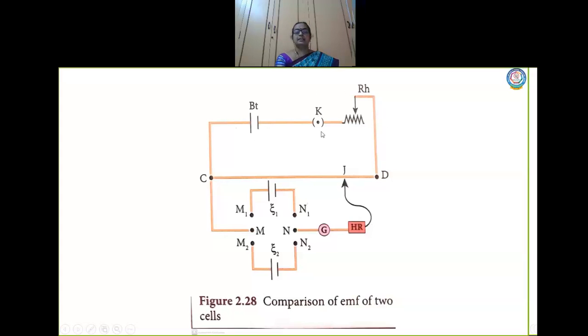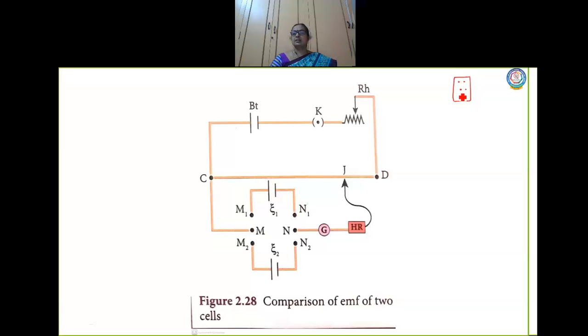The battery positive terminal is connected to C and the negative terminal of the battery is connected through the key and rheostat to the other terminal D. So this forms the primary circuit, and here is the secondary circuit. Now you have what is called a DP-DT switch. A DP-DT switch looks like a box, where you have 6 terminals.